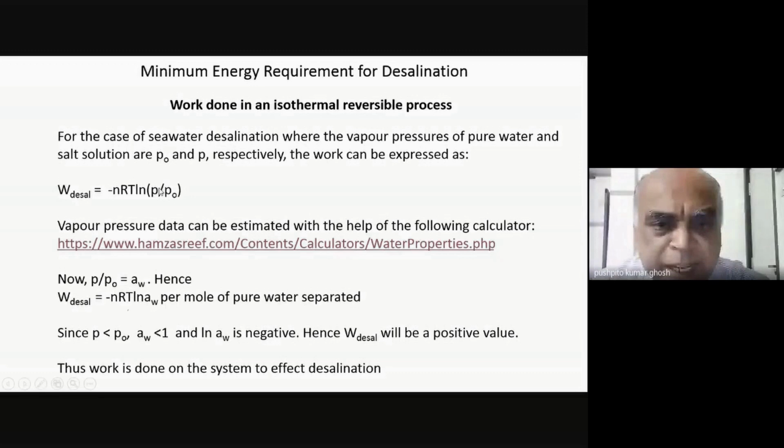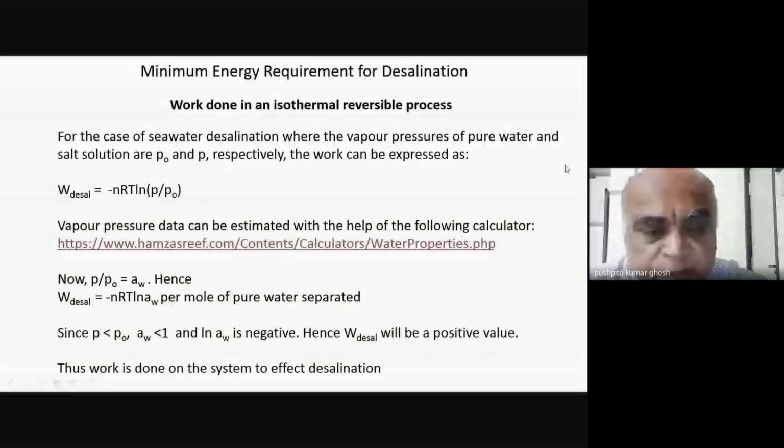And you can take T out because it's an isothermal reversible process, and that is the one which will give you the least amount of work required. Everything else will require a larger amount of work compared to the isothermal reversible process.